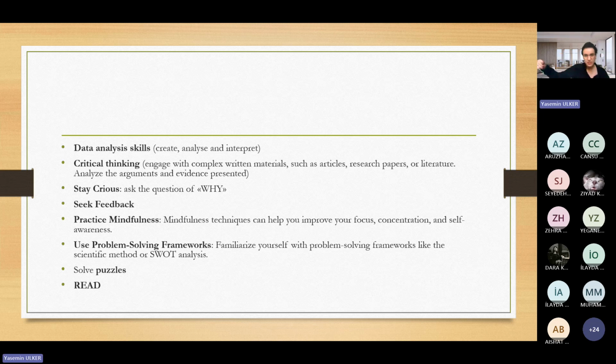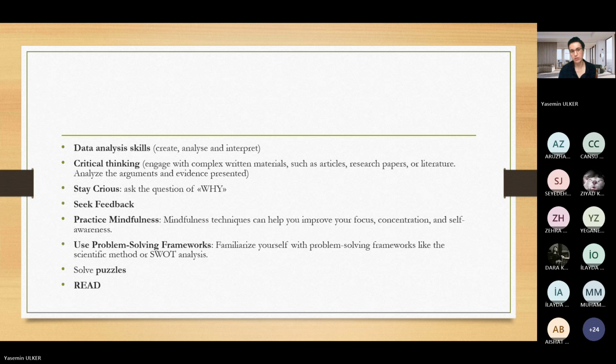Do you know what mindfulness is? Mindfulness techniques can help you to improve your focus, concentration, and self-awareness.